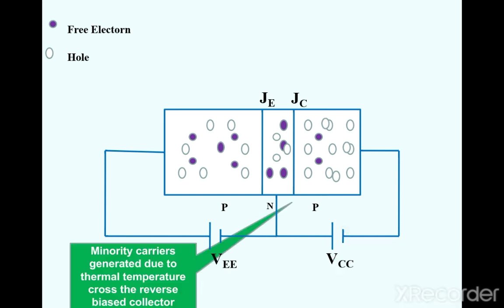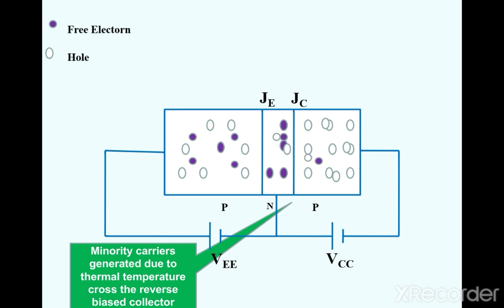Minority carriers generated due to thermal temperature cross the reverse biased collector.